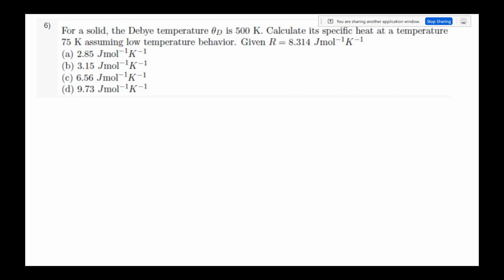Okay, I will write it, then please calculate it. So the temperature is given, right?